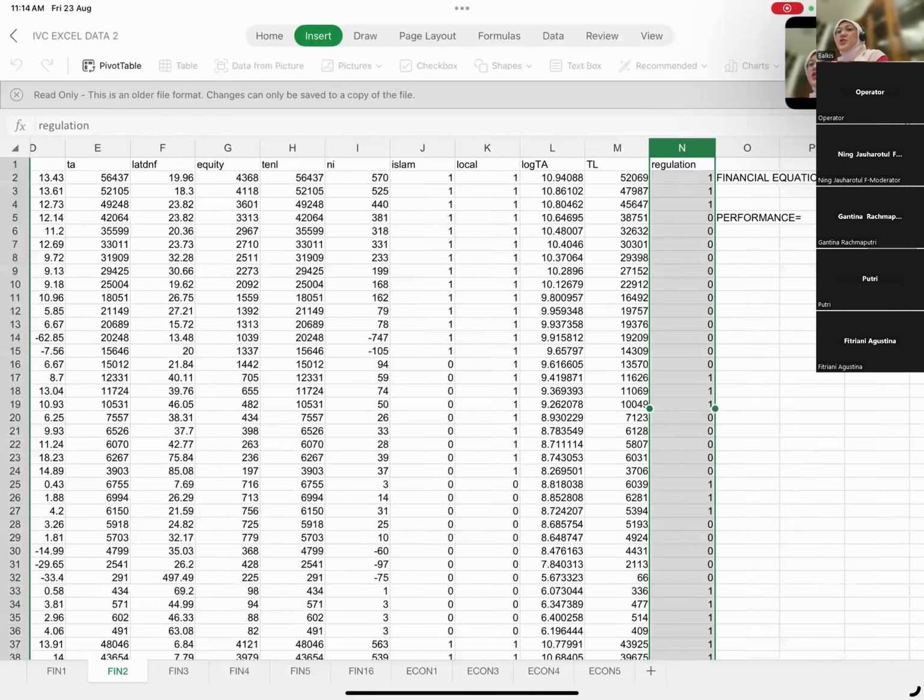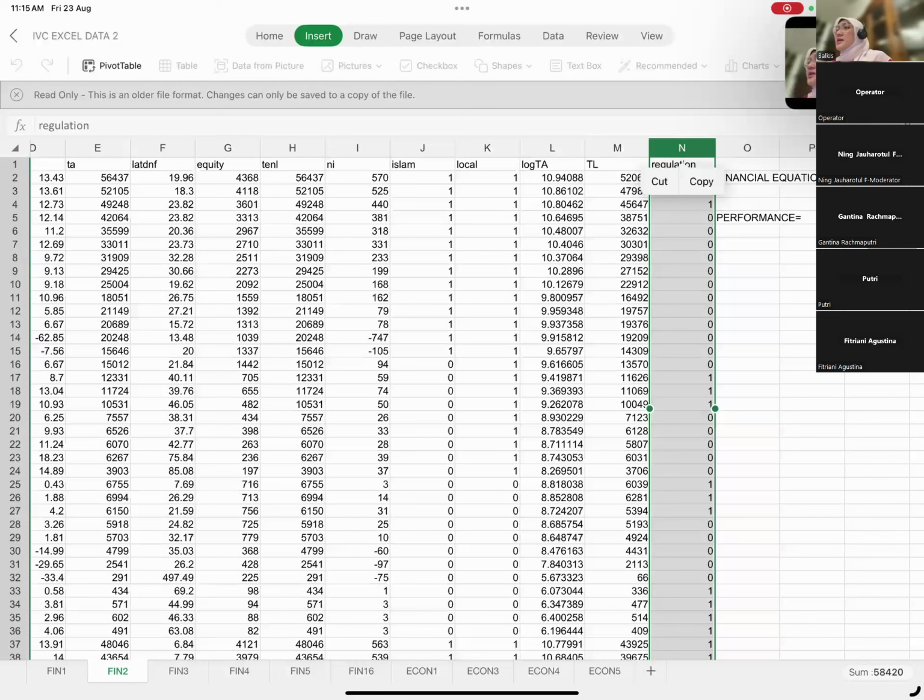All right, regulation. For example, in Malaysia, I choose Malaysia data because I'm familiar with the Malaysia data. In year 2013, Bank Negara Malaysia or Central Bank has changed the regulation for all the financial institutions in Malaysia.